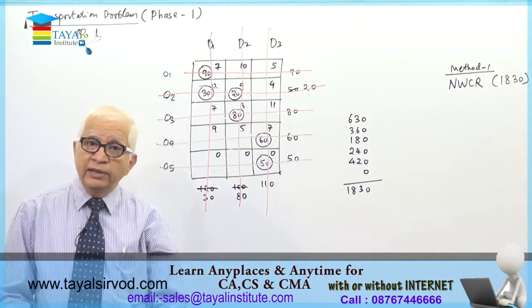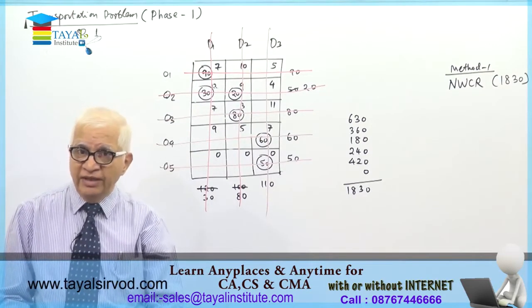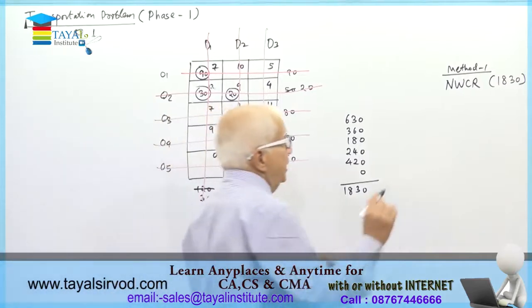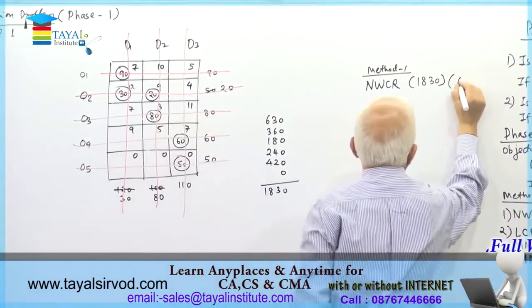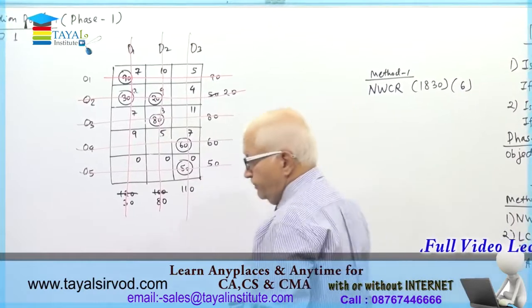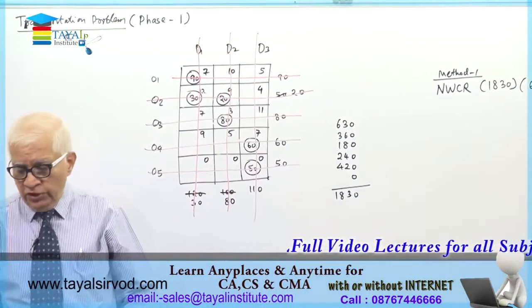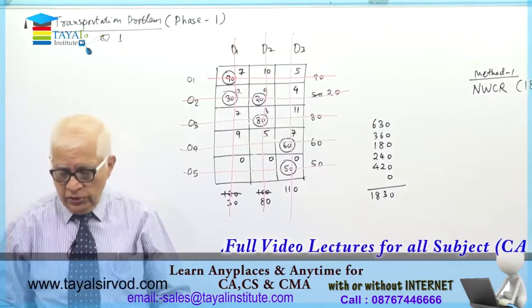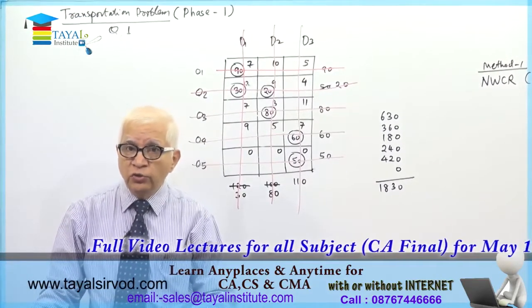Out of 15 cells, there is allocation in 6 places. That means there is no allocation in the remaining 9 places. So I'll write here, number of allocations is 4 and 2, 6. The total cost of transportation is 1830, and we have completed the phase 1 solution using northwest corner rule.